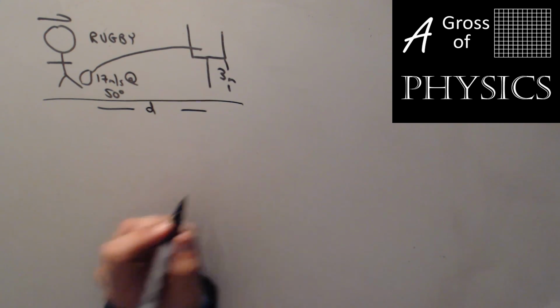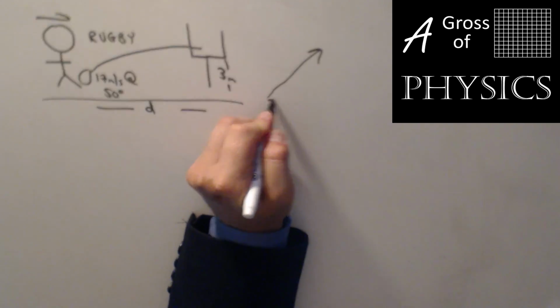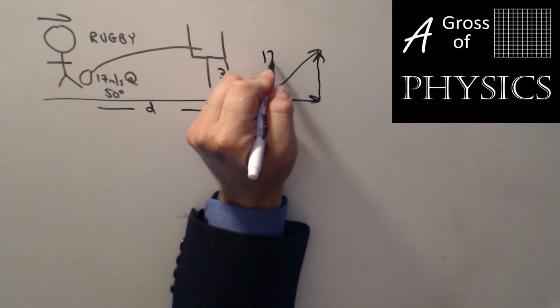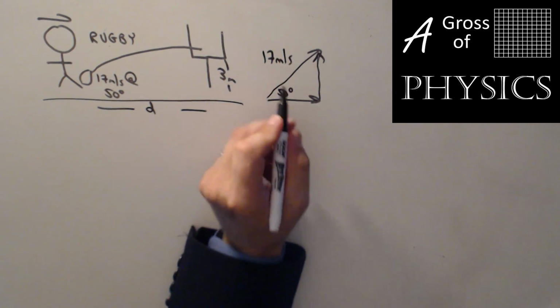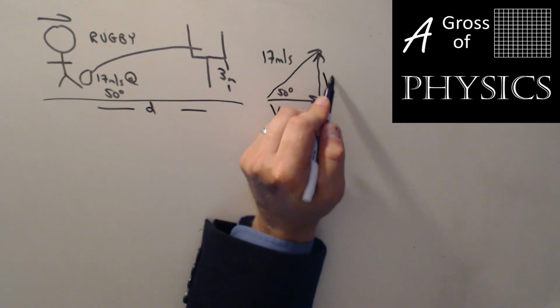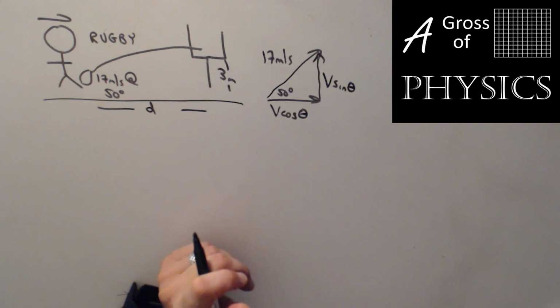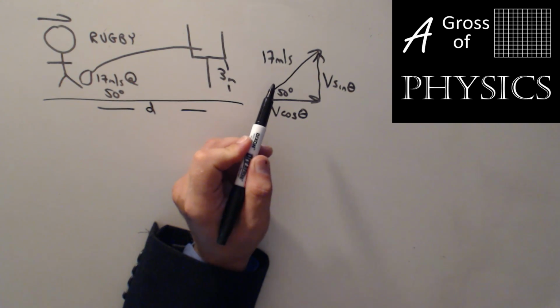Now, as soon as there's an angle involved, what I'm going to want to do is our standard procedure for dealing with angles. We have 17 and we have 50 degrees. So V cosine theta for the x, V sine theta for the y. Let's see what we get when we multiply 17 times the cosine of 50.